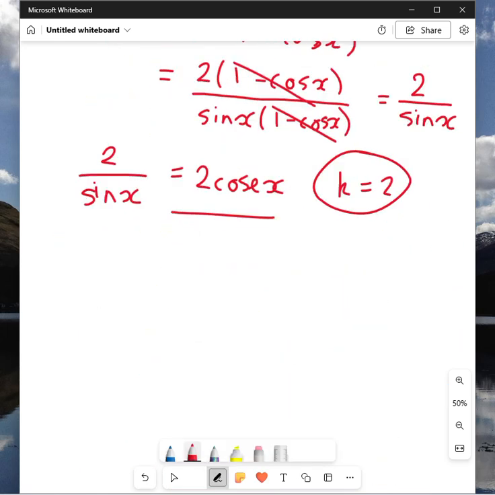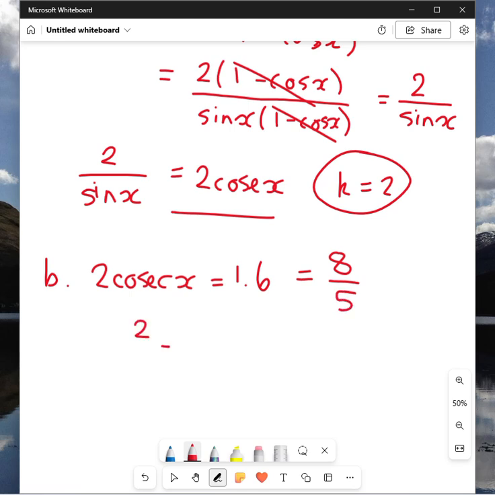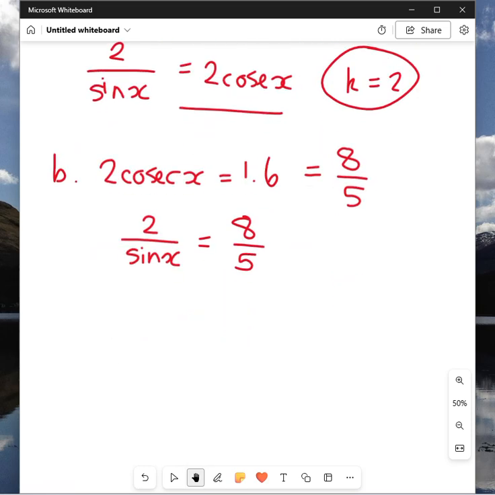So for part B, 2 cosec x is equal to 1.6, which I might actually just write as a fraction, 8/5. And I'm going to write that as 2 over sin x because I am more comfortable working with sin x. Now I'm going to make sin x the subject of that equation, so I'm just going to cross multiply.